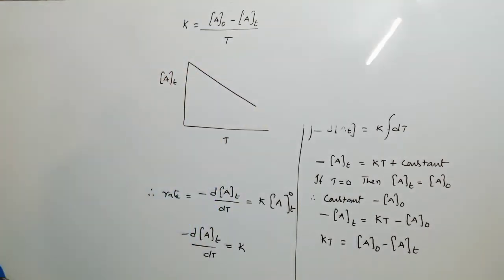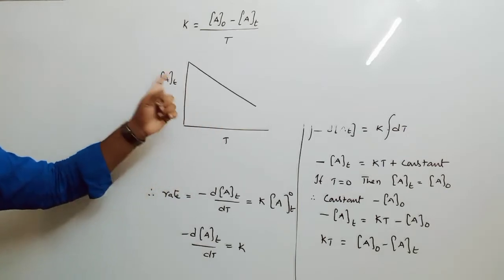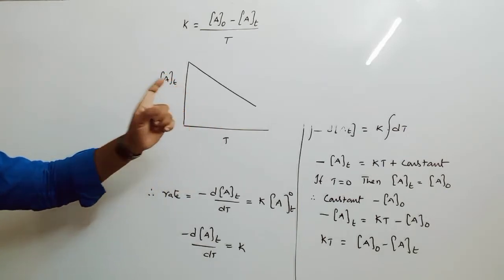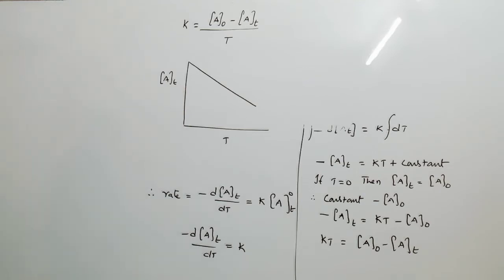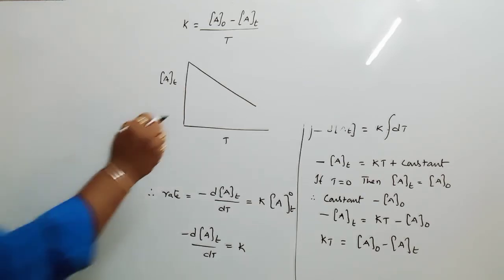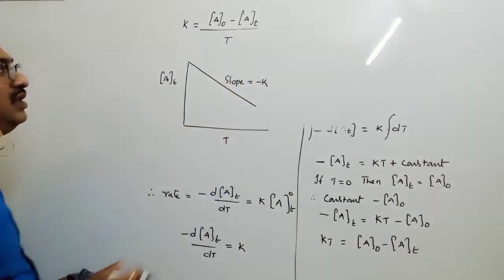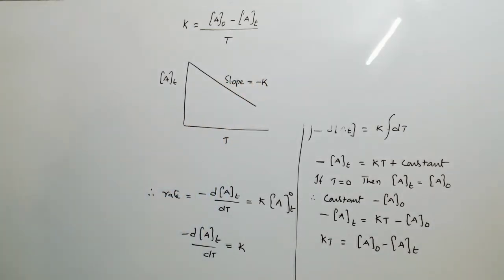We are getting a negative slope. Here the slope is equal to minus k.